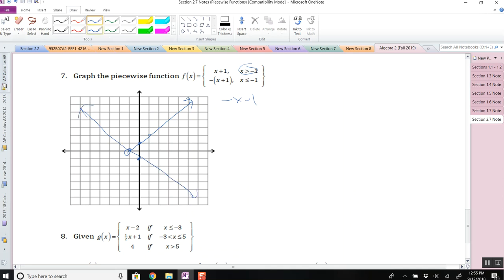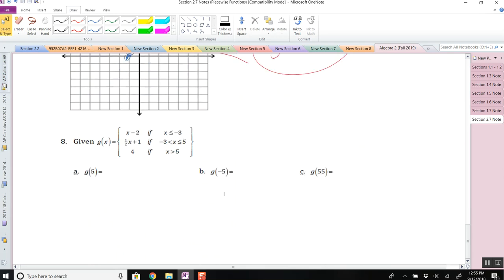That can't be the whole thing. It's got to start at -1 and include it. And by the way, this will lead us to what we'll talk about later next week. That graph happens to be the absolute value of x plus 1. We'll have that discussion next week, though.